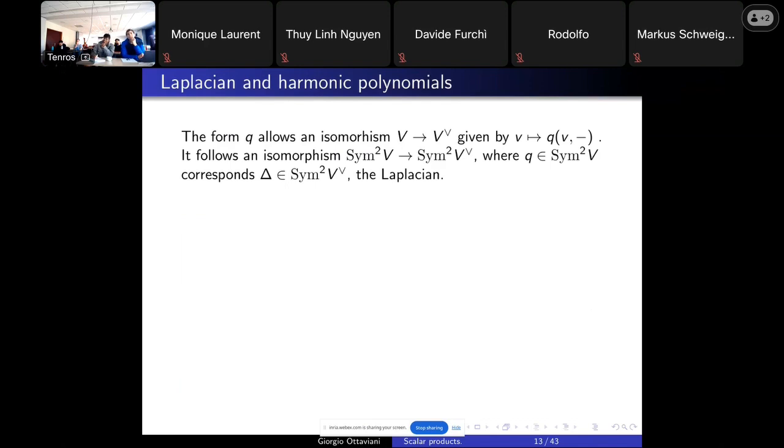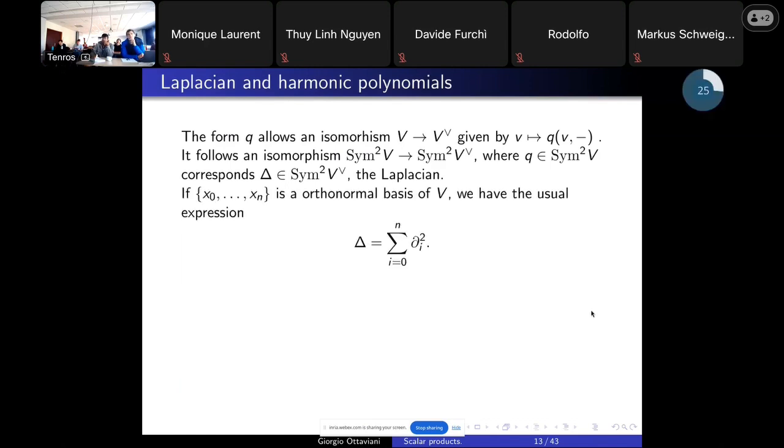You can extend taking the second symmetric power of V to the second symmetric power of V dual. So where does Q go? Q goes to the Laplacian, and in orthonormal coordinates the Laplacian has the usual well-known expression, but this is a geometrical object.